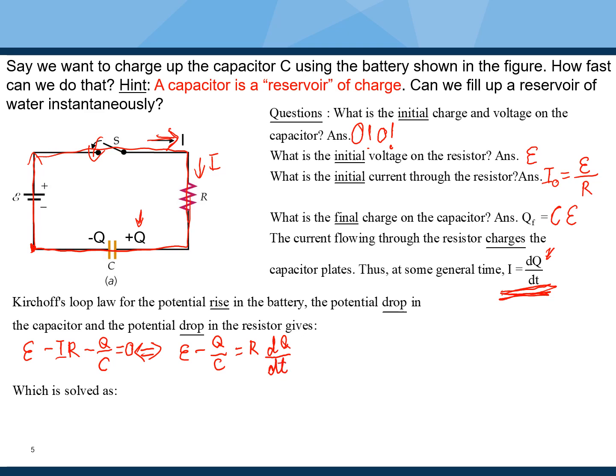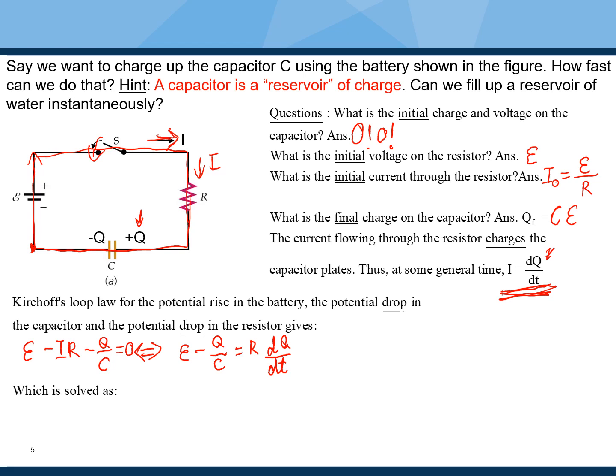Notice that right here we see that we have the makings of a differential equation. In other words, the right-hand side has something times dQ by dt, and the left-hand side has E, which is a constant, C, which is a constant, and Q, which is the only variable.